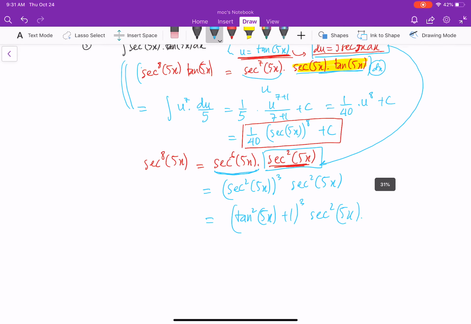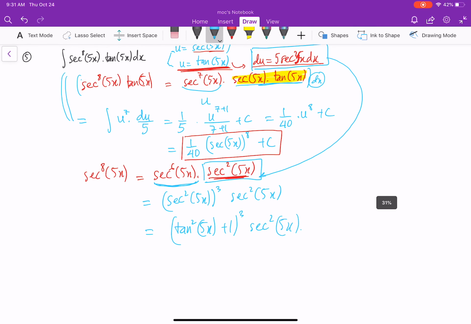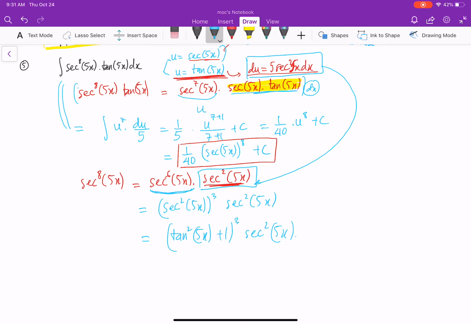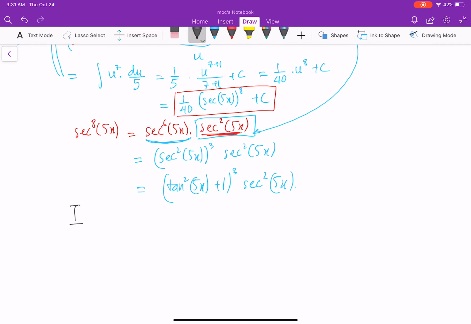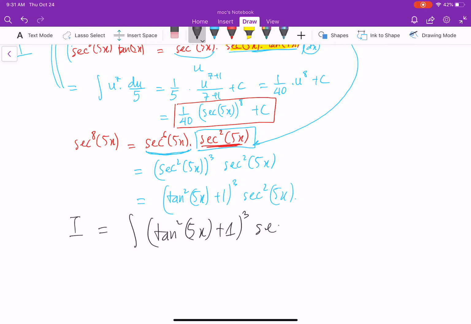All right, now I'm ready to rewrite my original integral in terms of u. So my original integral is here. I just denote that by I. I equal to integral of tangent square 5x plus 1 cubed, and then secant square 5x dx.